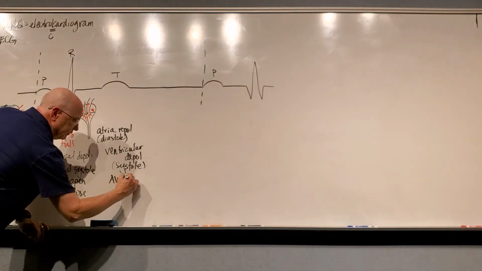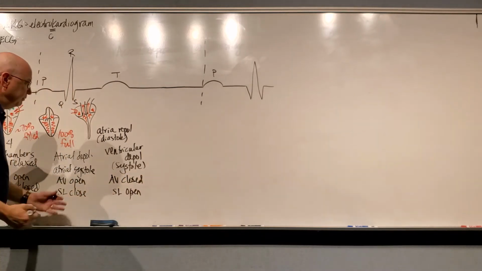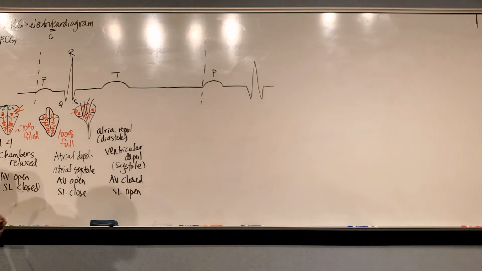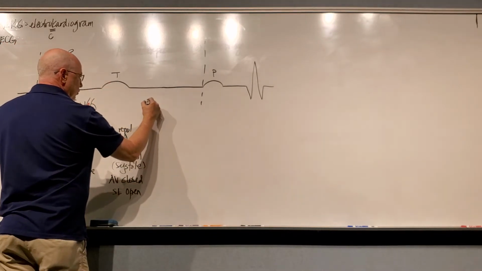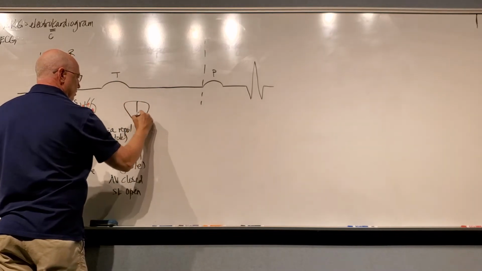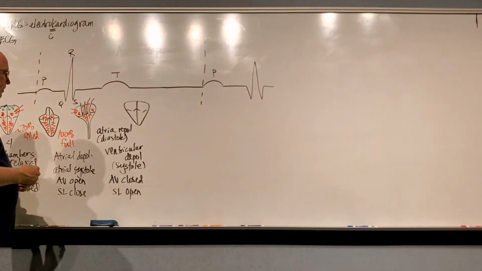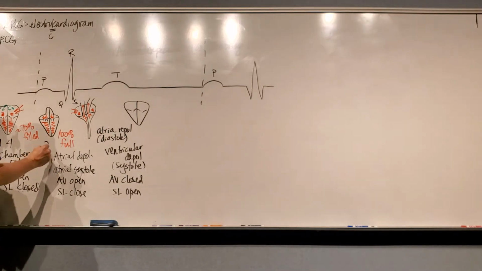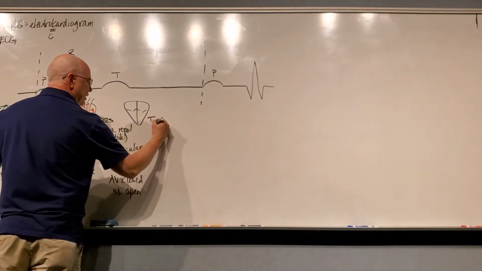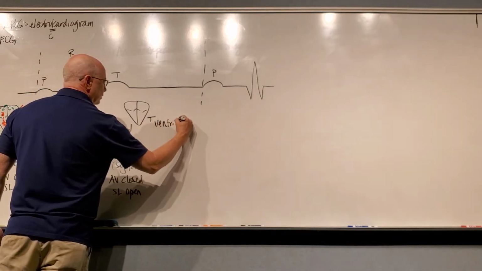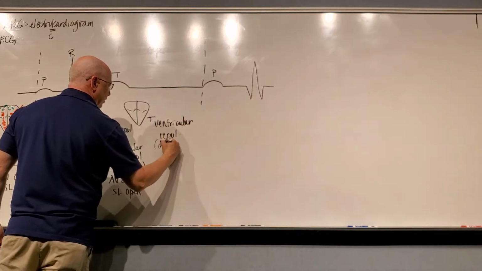Now the AV valves are closed and the semilunar valves are open, and blood is ejected out the great vessels. When I get to the T wave, it corresponds to ventricular repolarization. So P, QRS, and then in the T wave, the ventricles repolarize. They are in diastole.